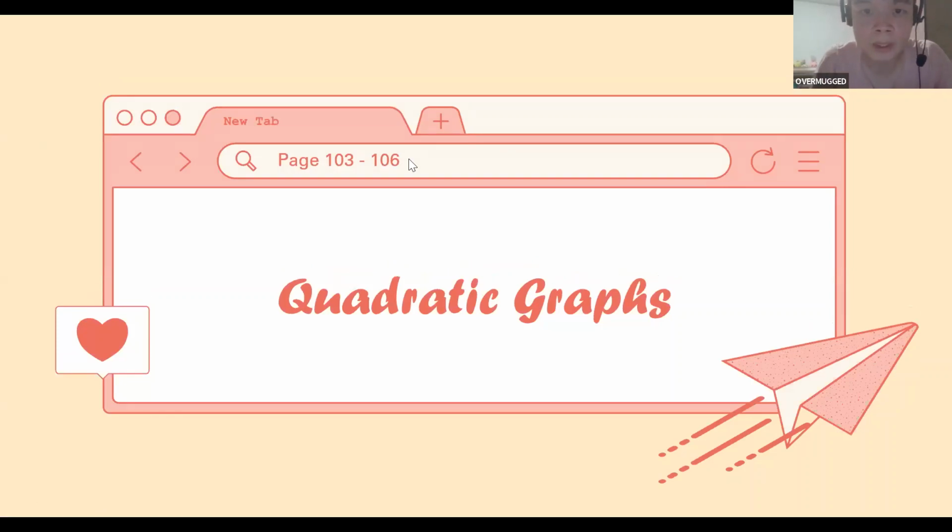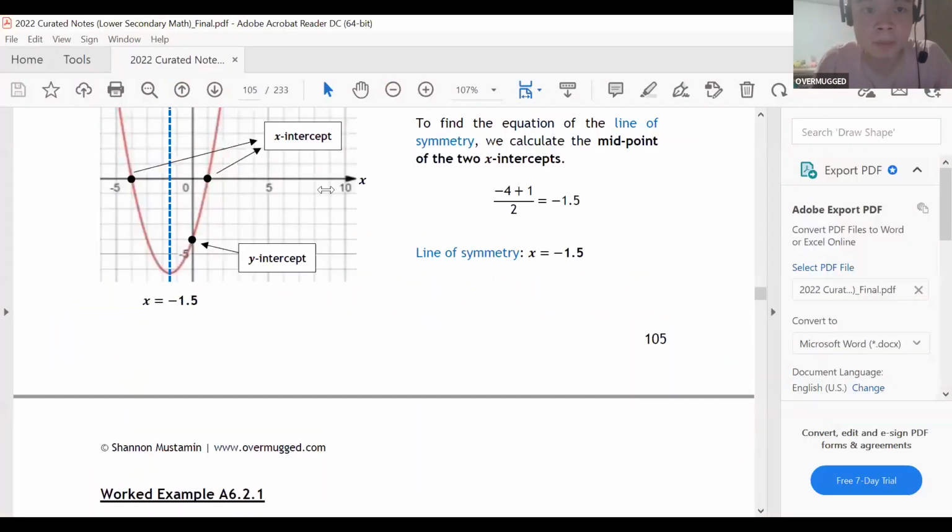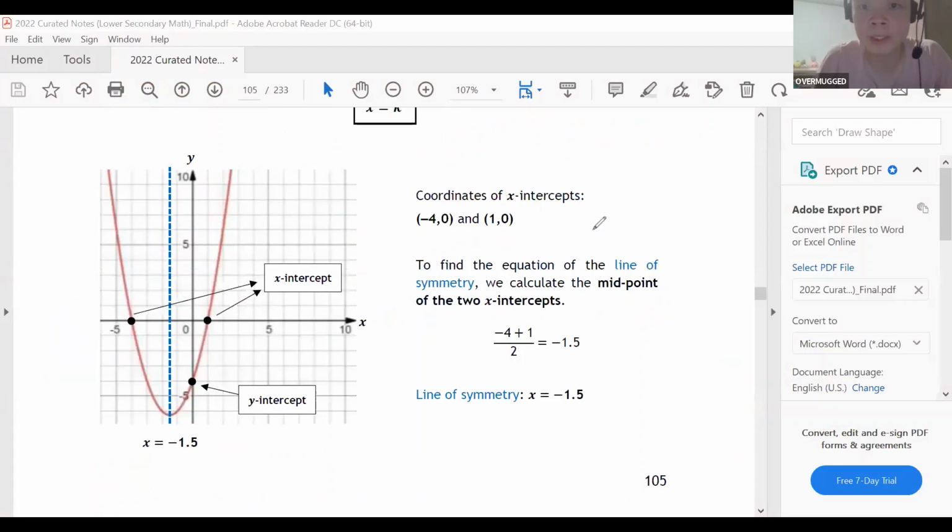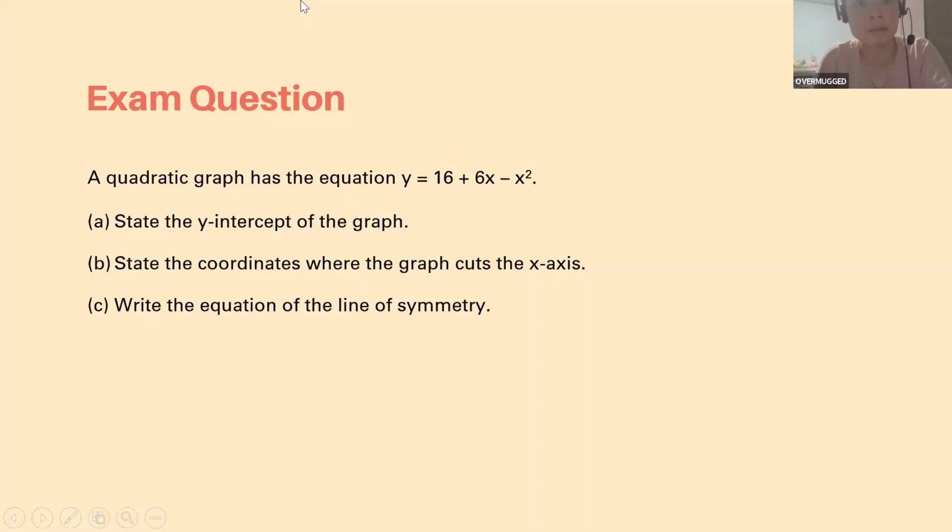Back to this example just now. Remember that I always have to add the two x coordinates together and then divide by 2. What I'm trying to do is find the average or the center between these two coordinates. Hopefully that clarified. So that's where the 2 comes from. Is it okay?